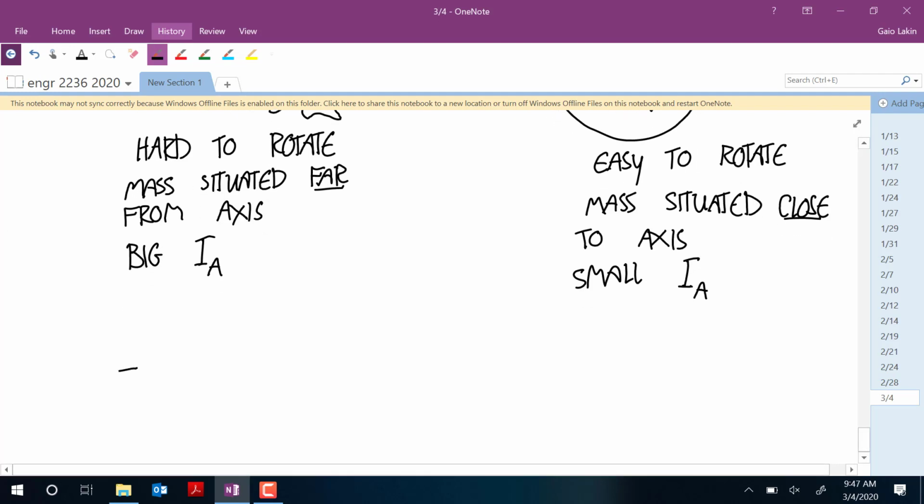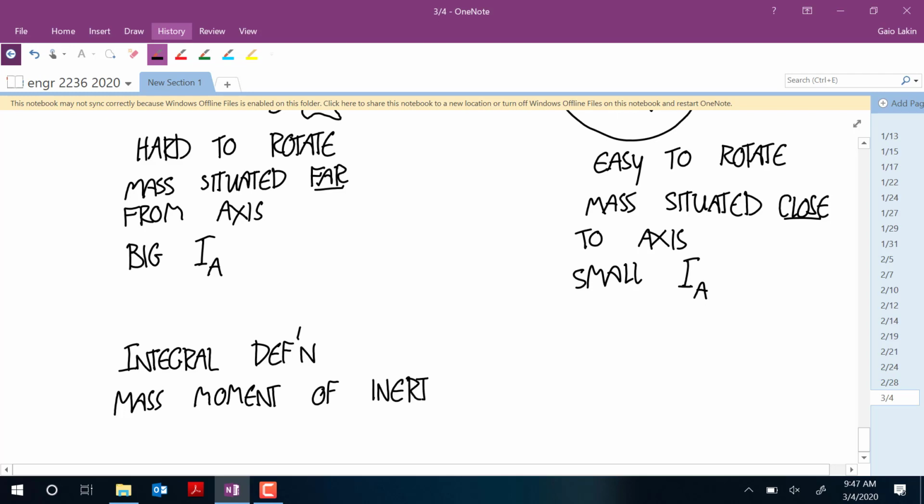So the integral definition for the mass moment of inertia about a point. We're only doing this in 2D, so when I say a point, that'll be an axis in 3D.